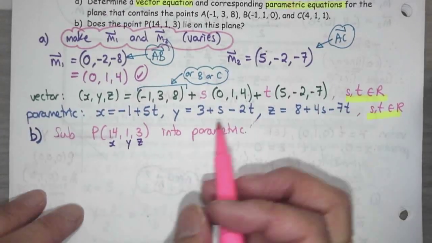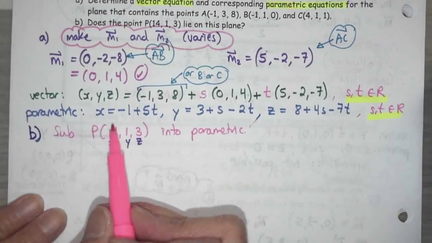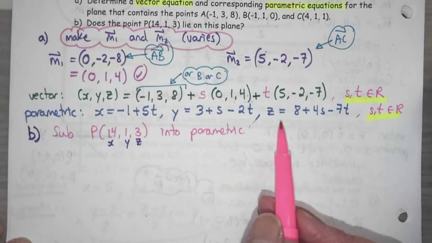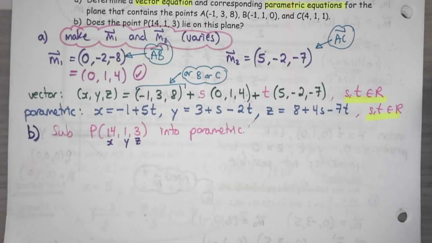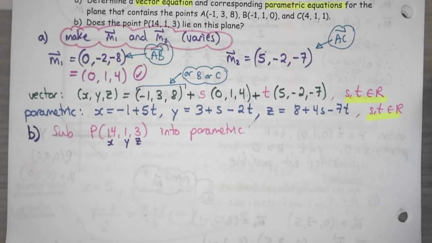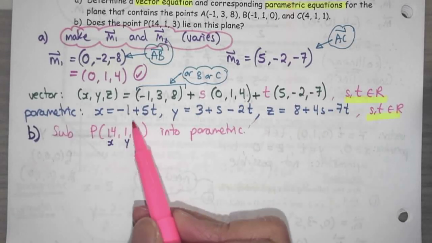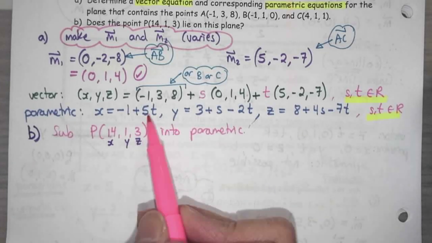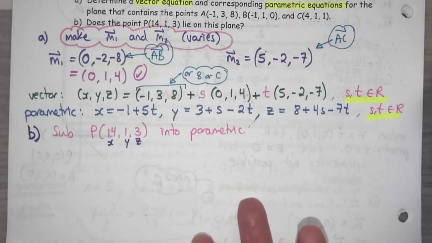And thinking about this, when I sub this in for x, y, and z, how many variables will I have left? 2. If you have 2 variables, s and t, how many equations do I need to solve for 2 variables? 2 equations. 2 equations, 2 unknowns; 3 unknowns, 3 equations.